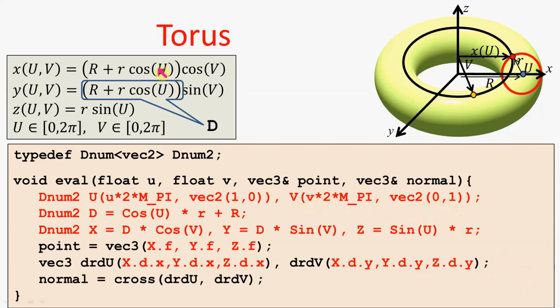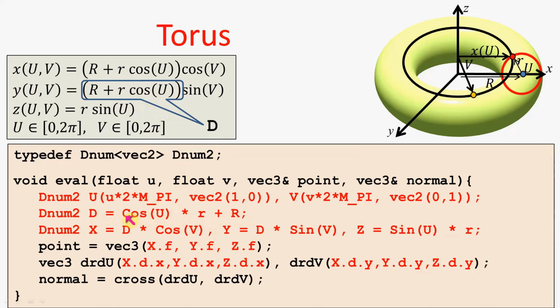The radius of the circular motion shows up both in the formula of x and y, so it's enough to calculate this common term only once. We denote it with d. d is the cosine of u multiplied by lowercase r, and we add the uppercase R value.